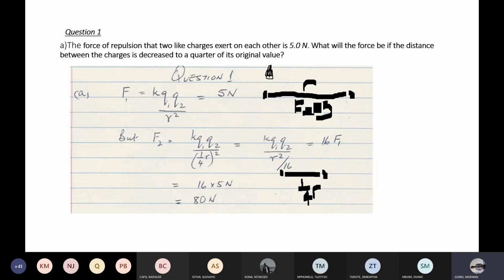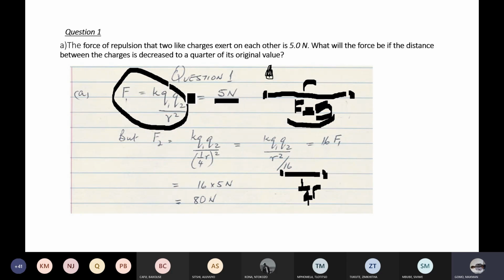So the formula that you used for you to be able to get this 5 newtons that is given in the question is this one over there, where you said the force that can be exerted between the two particles or the two charges is given by F = K Q1 Q2 over R squared. So you used this formula to calculate these 5.